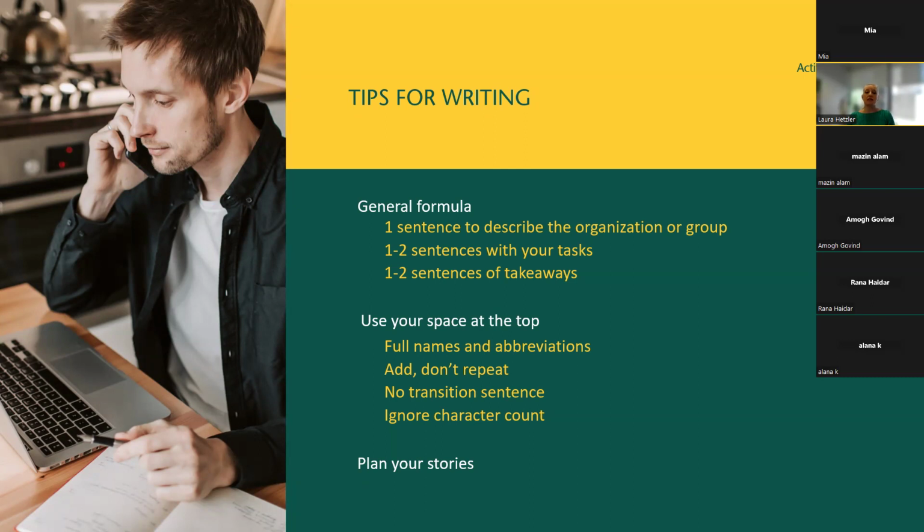But outside of Southeast Michigan, you may not find a lot of people who know what that is. So that might require a sentence, as opposed to the American Red Cross, right? So think about whether or not you need that sentence for context. I want to know what you did, okay? So 1 to 2 sentences with your tasks is usually appropriate.